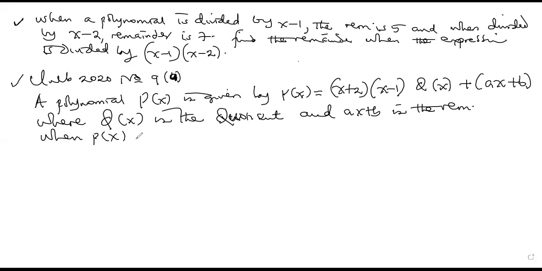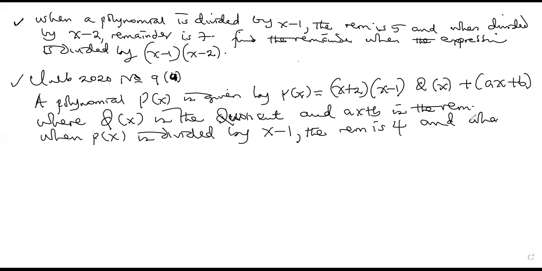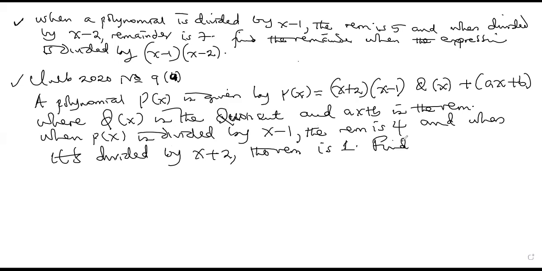When Px is divided by x minus 1, the remainder is 4. And when it is divided by x plus 2, the remainder is 1. Find the values of A and B.